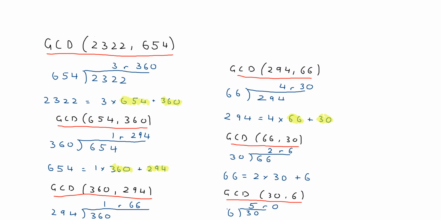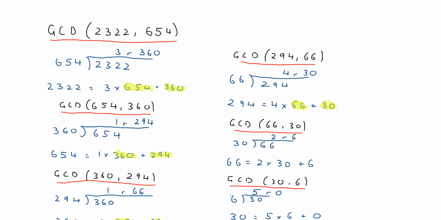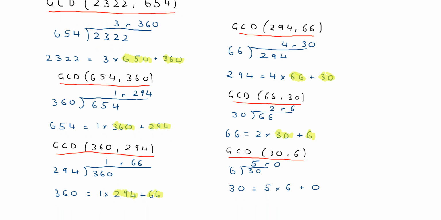And let's take a look. You can probably already see the highest common factor, but let's go all the way. So I want the highest common factor of 30 and 6. I divide 6 into 30, and I get 5 with no remainder. So 30 is 5 by 6 plus 0.